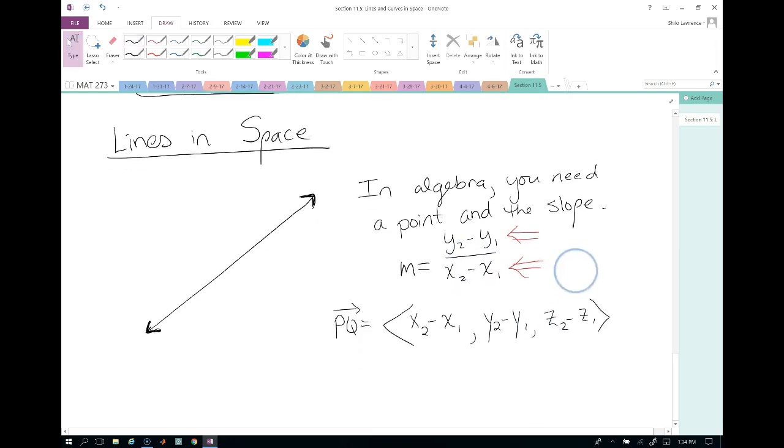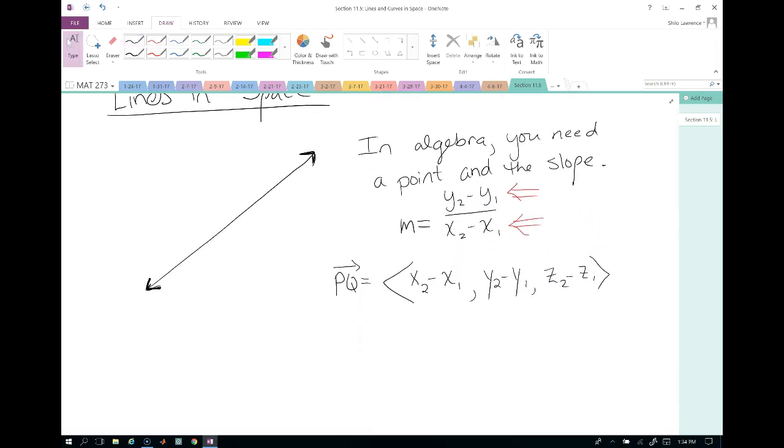So the 2 things we need to write the equation of a line in space are a direction vector, because that will describe how each of our 3 coordinates are changing. We also need a point. We need just 1 point on this line, and it can be anywhere.